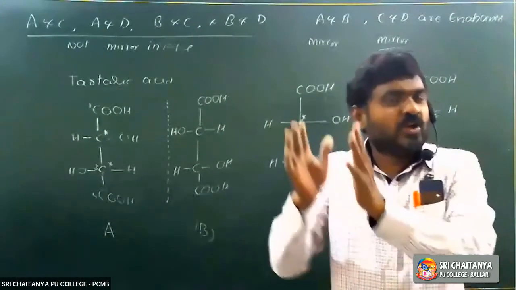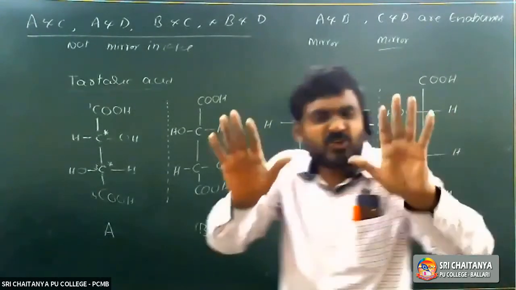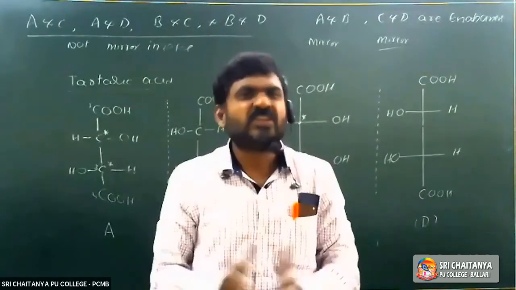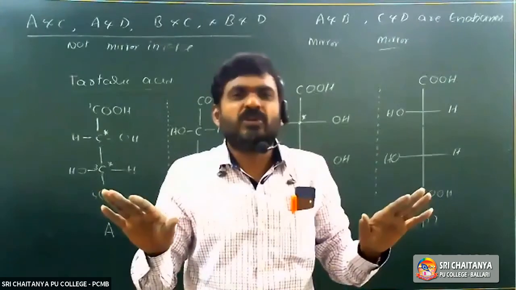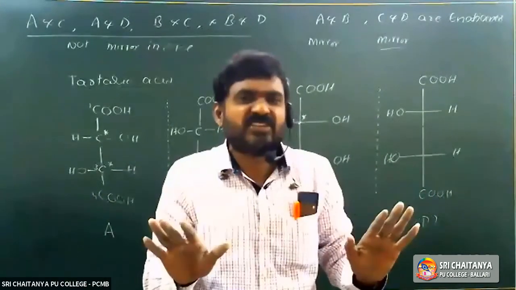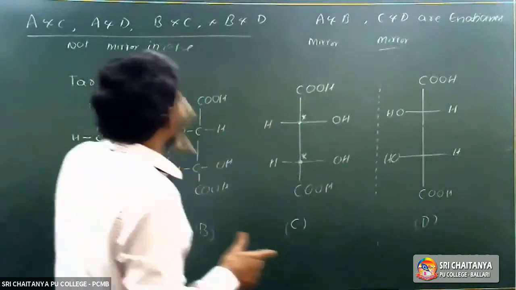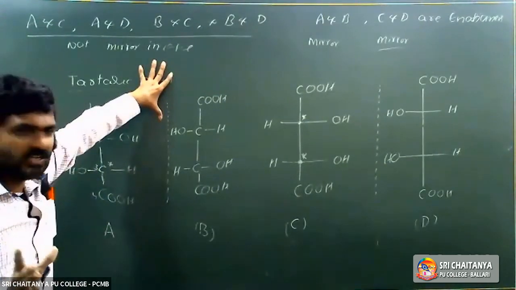So what are the differences between enantiomers and diastereomers? Enantiomers are mirror images, hence they are non-superimposable. Diastereomers are non-superimposable and are not mirror images. So what are diastereomers?